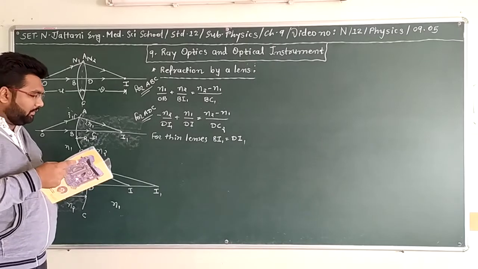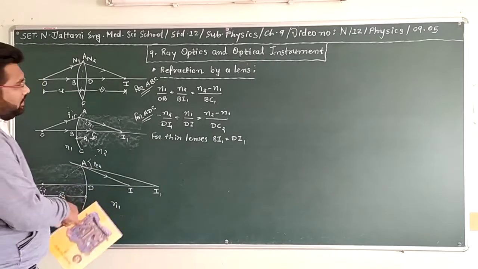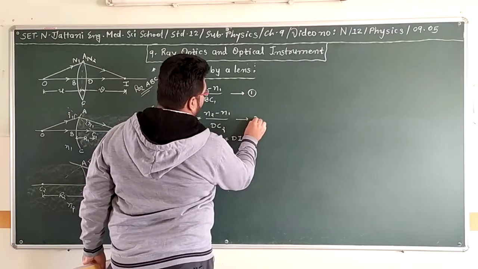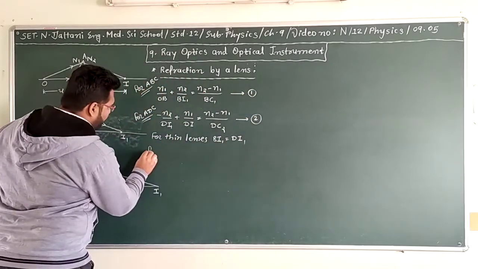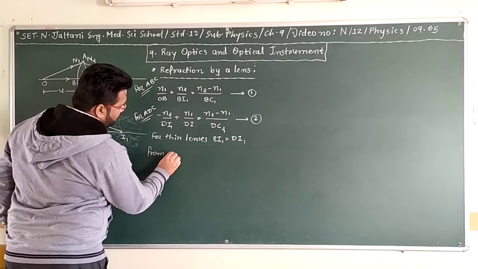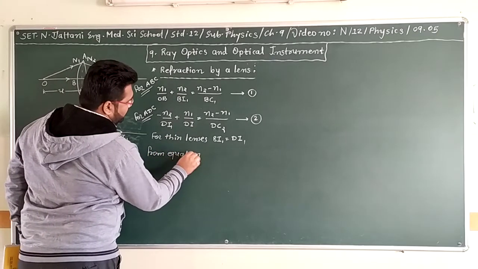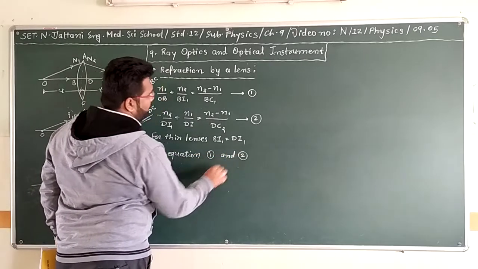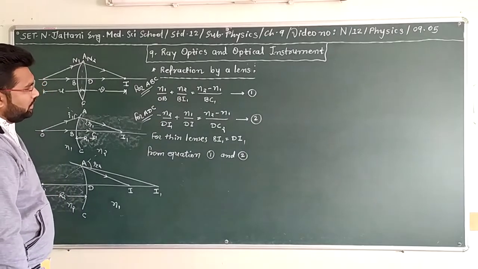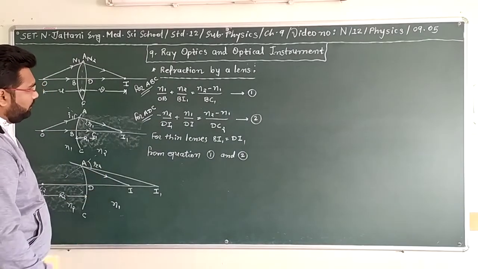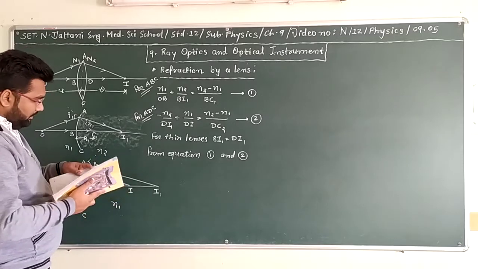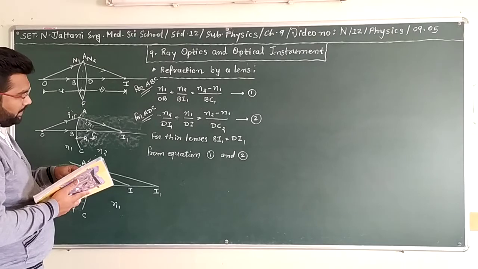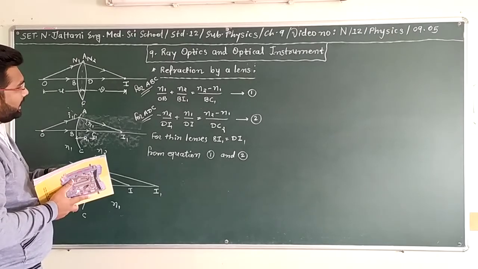If we add equation number 1 and equation number 2, then we will get n1 upon OB plus n1 upon DI.